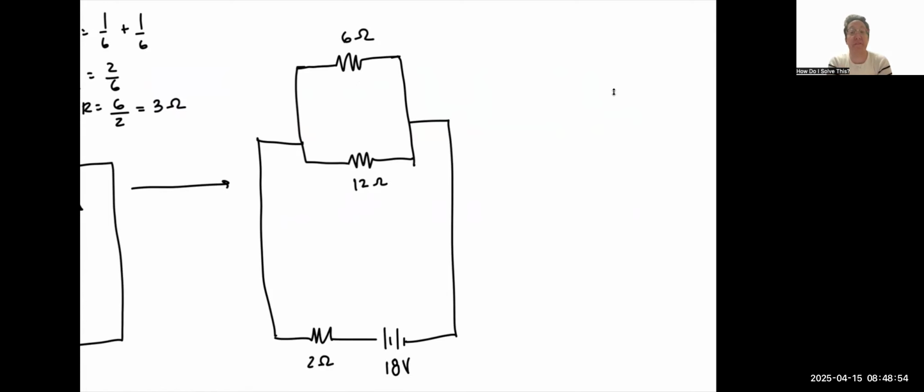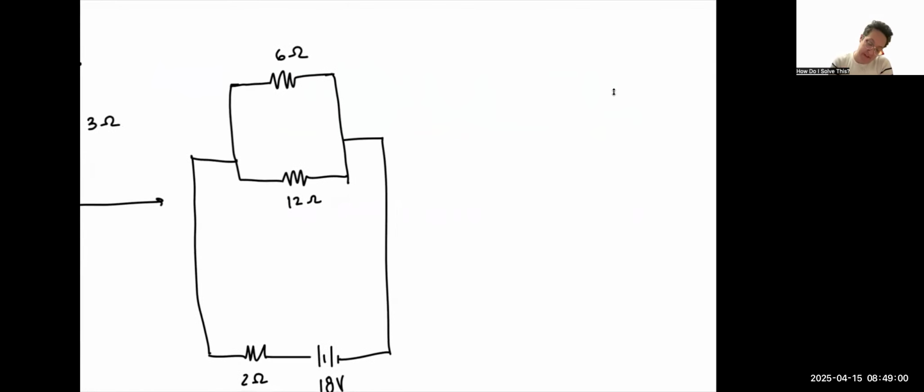All right, we're getting very simple now. We've got this 6 and the 12 that we're going to need to simplify. So 1 over R is 1 over 6 plus 1 over 12. That means this is 2/12 plus 1/12.